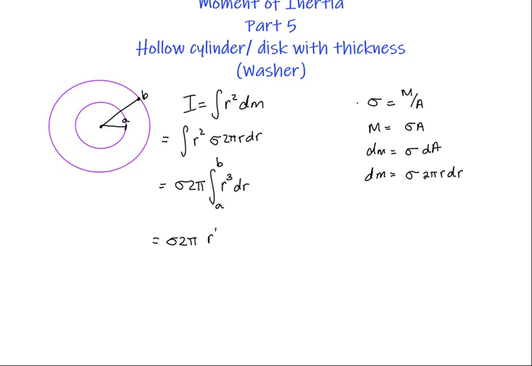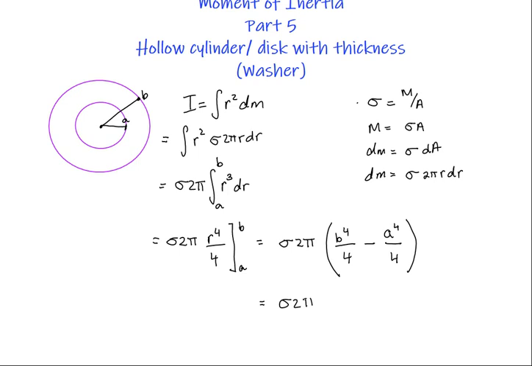That gives me r to the 4th over 4, evaluated from A to B. So we have sigma 2 pi, and then we substitute in the upper limit, B to the 4th over 4, and the lower limit, A to the 4th over 4. I'm going to restructure this as sigma 2 pi times B to the 4th minus A to the 4th over 4.